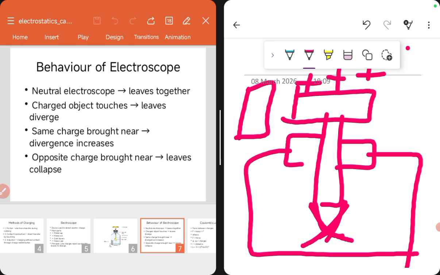And at the same time, if they have a body that is not charged, it still converges, it comes together. So that's why it is not a perfect means of measuring charges. The only time it is unreliable is when there is an uncharged body. So we're not able to actually tell.